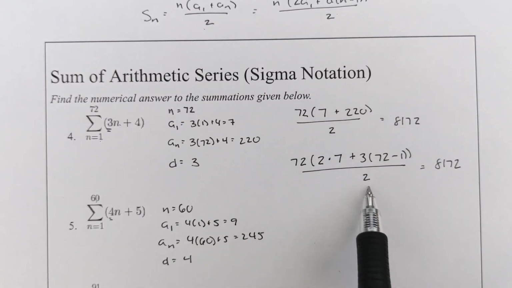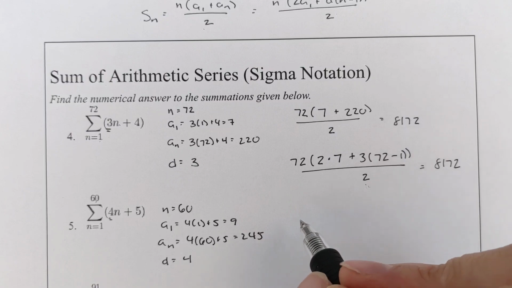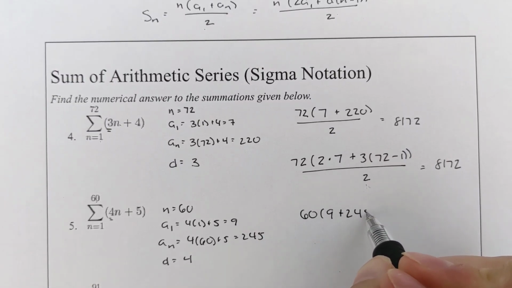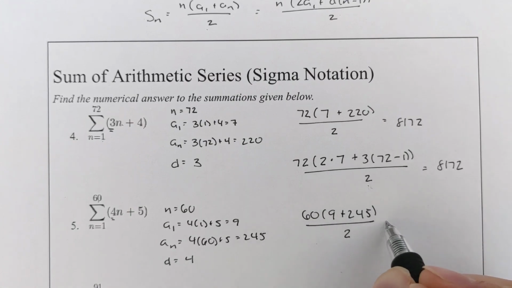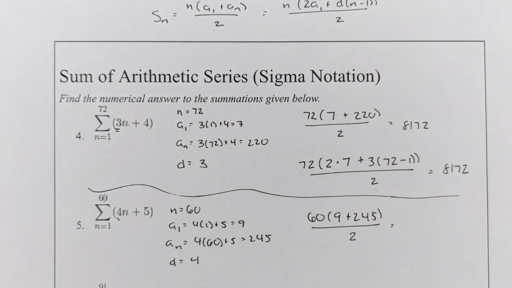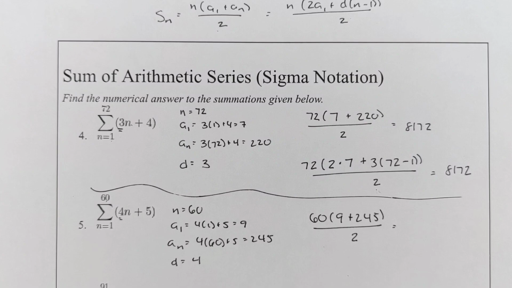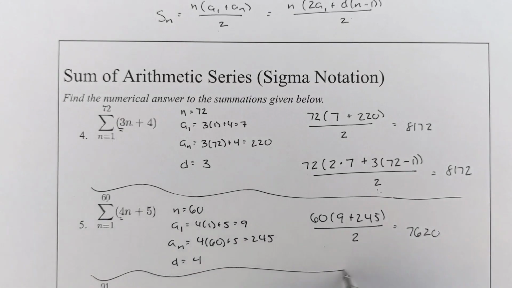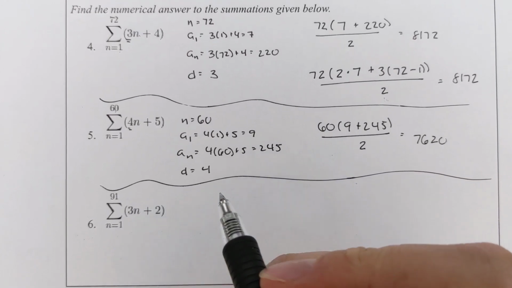But if you prefer to use the longer version, by all means, you'll get the same answer. So 60 times 9 plus 245, all divided by 2. So 7620.